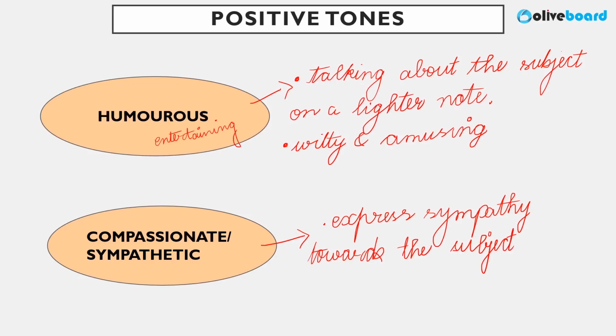If the writer is talking about a particular event or incident that happened, and showing compassion towards the subject, then it is a compassionate tone. Pity, basically a feeling of pity, when you are showing concern for the sufferings of others. The writer shows concern for the sufferings or misfortunes of others.